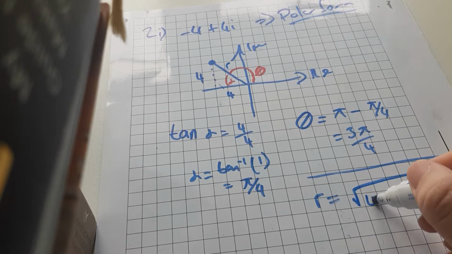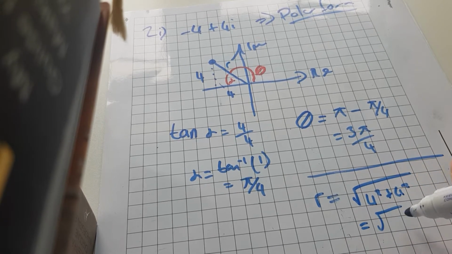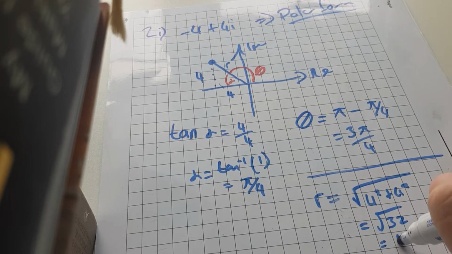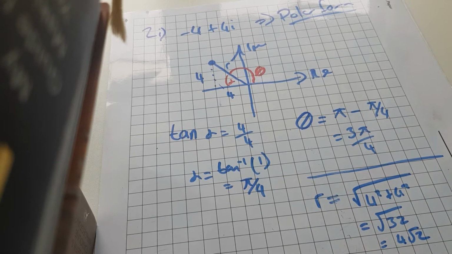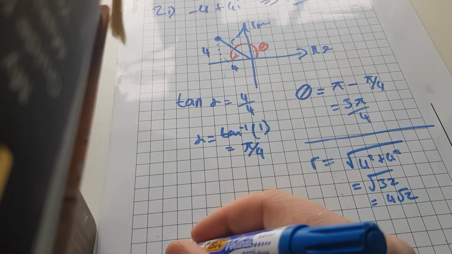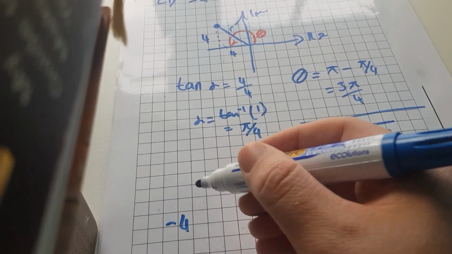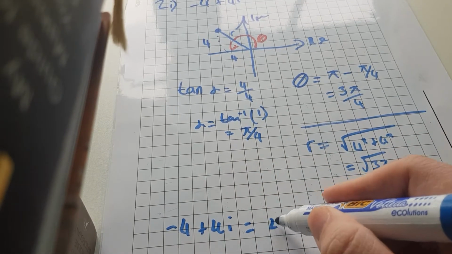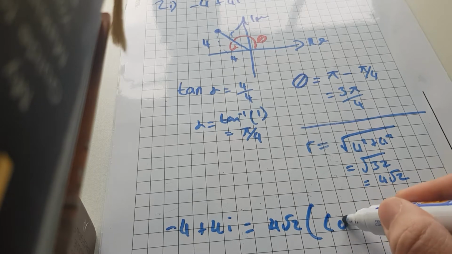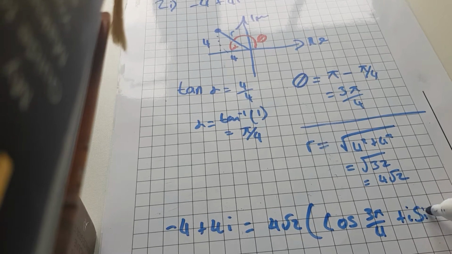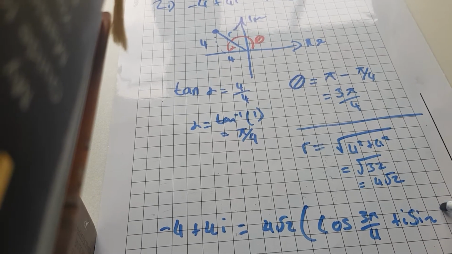So it's the square root of 4 squared plus 4 squared, which is root 32, which is 4 root 2. Okay, so now to put it all together into polar form. So minus 4 plus 4i is 4 root 2 times cosine of the argument, which is 3 pi over 4, plus i sine of the argument, which is also 3 pi over 4.